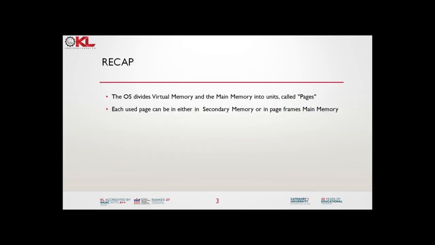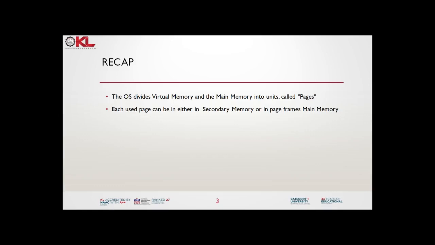So let us recap the session. Till now, we have seen how a page is divided into the virtual memory as well as in the main memory. Each page can be stored in the secondary memory as well as in the main memory in the form of frames.